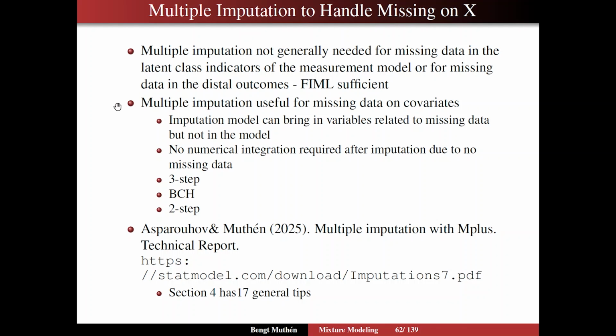But multiple imputation is useful for missing data on covariates, because the imputation model can bring in variables related to missing data that are not in the model. So they bring information that you don't have in the variables of the model. No numerical integration is required after the imputation because there's no longer any missing data after imputation.